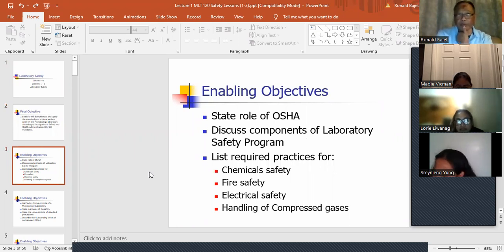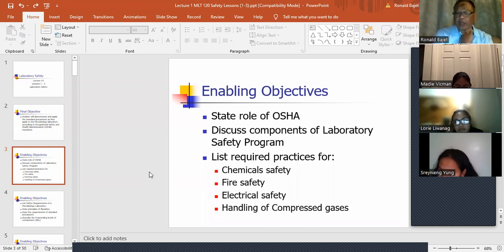One thing about OSHA: when you hear that OSHA is coming to your laboratory, you want to be on your toes, because if they find a discrepancy, one simple discrepancy is, for example, regular trash. If they find a glass pipette thrown away in regular trash, that's a safety violation.